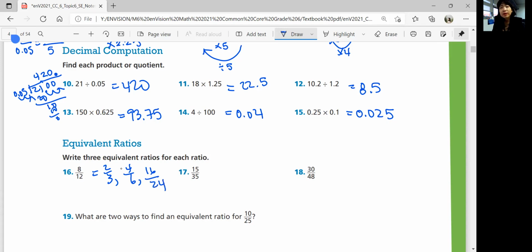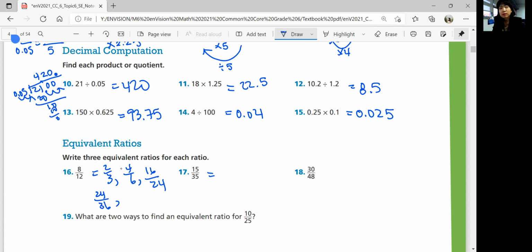Okay? If you got something else, like 8 times 3 is 24 over 12 times 3 is 36. And if you have other ratios, but you multiplied or divided by the same number, it should be correct. Okay? But I'm just going to give you some examples of answers.